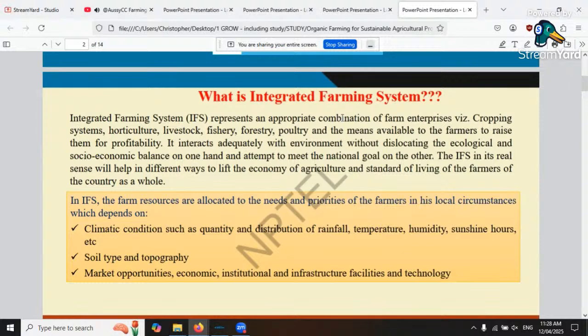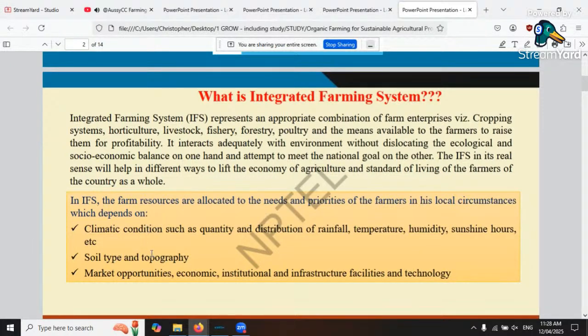It interacts with everything, balancing the economical and socio-economical balance on one hand and attempting to meet the national goal on the other. So, integrated farming system, down the bottom. Farming resources are allocated to meet the priorities of the farm and local circumstances.